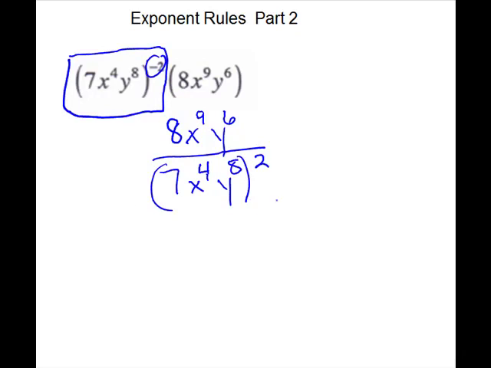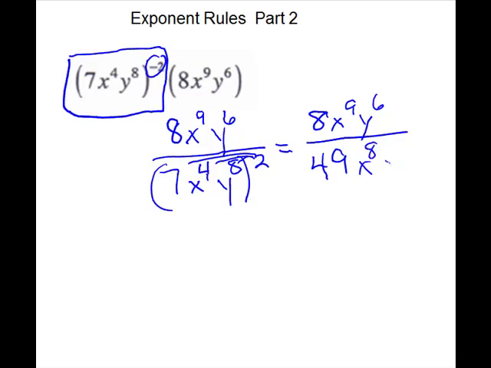Now, I need to work out that denominator. So the 2 will apply to each piece. So I'm going to have 7 squared, means 7 times 7 is 49. You have to remember that with numbers to a power. For variables, you multiply. So it will be x to the 8th and y to the 16th.